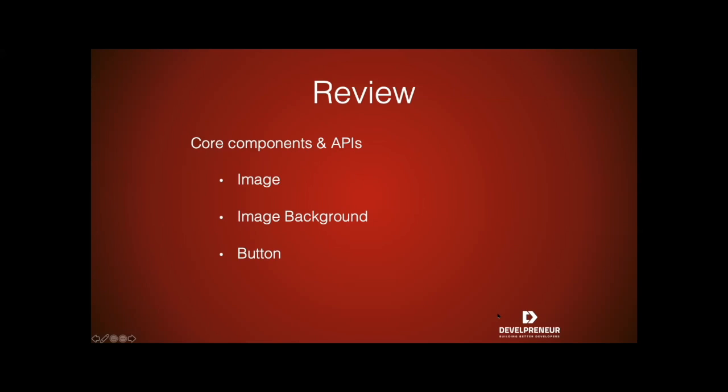Image background is a good tag to use when doing splash pages, when you want your image to be the full size of the screen. And finally, we looked at using the button tag and the touchable opacity tags to handle wrapping of our buttons to where we can actually interact and click to do some type of action on our pages.